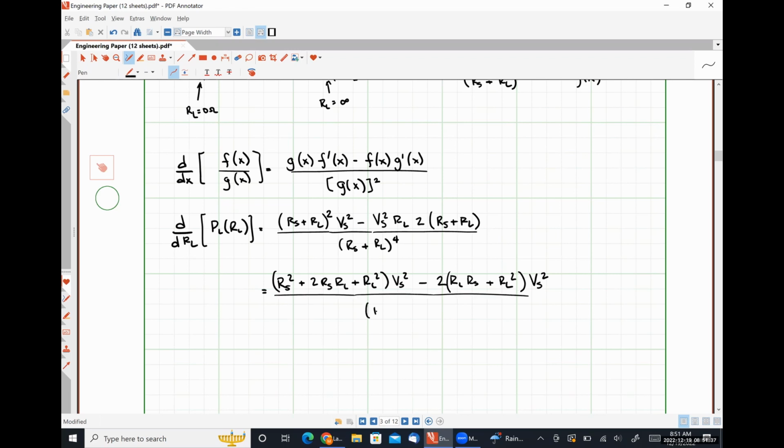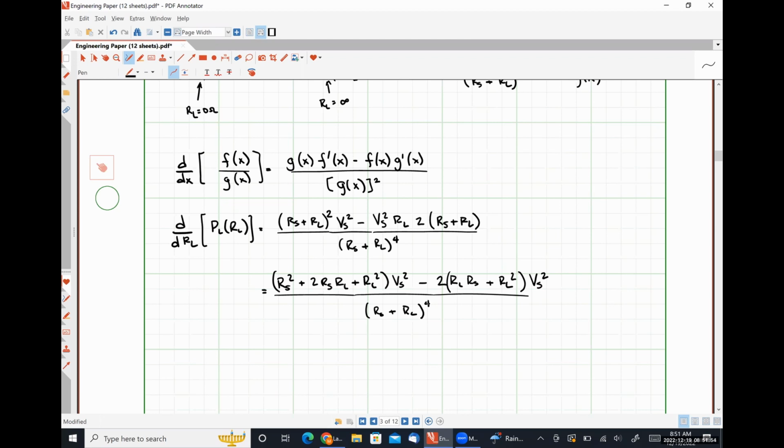And this is all over RS plus RL to the 4th power. I feel pretty confident about my ability to do algebra on that first bit because it's simple multiplication. Please let's check things for the second bit, or this is going to go horribly awry.